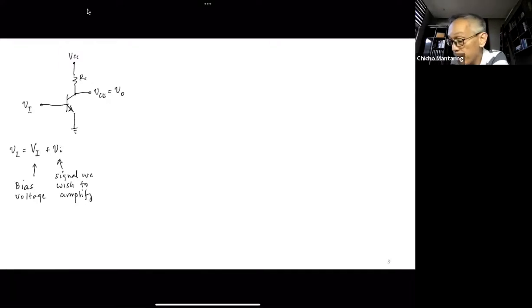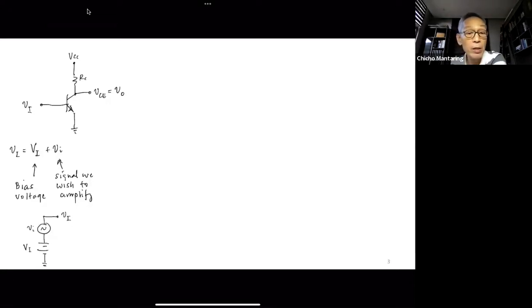So you can imagine v_I to be represented by this: you have small v_i, and then you have a bias, which is capital V_I.